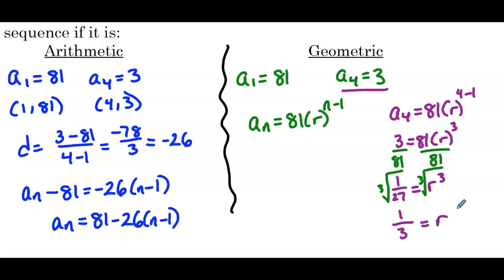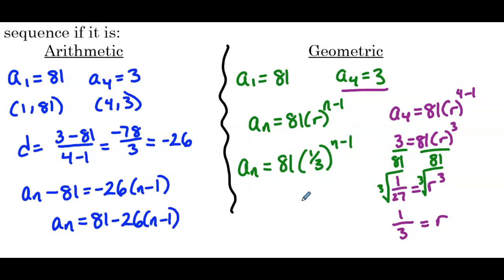And that's equal to r. And again, cube root is what number times itself 3 times is equal to 27. So 3 times 3 times 3. So we found the common ratio. So we can go back into the explicit formula that we wrote without the common ratio and put that in. So a sub n equals 81 times (1/3) to the n minus 1.